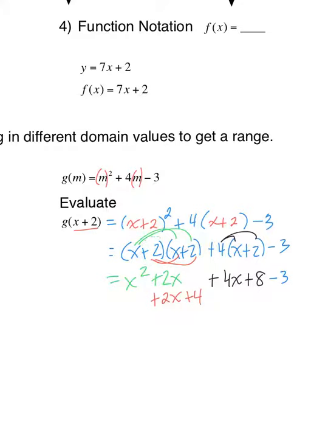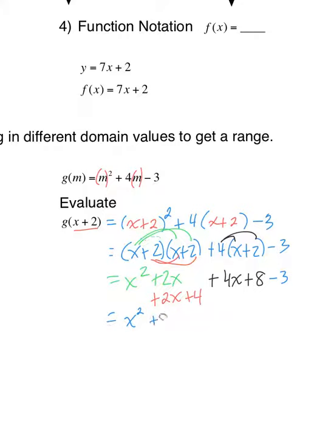And so now I need to start to collect like terms. I like to start with my highest degree and then go lower. So I have an x squared, nothing else is an x squared. So I've got x squared. Then for my x terms, I've got 2x, and 2x is 4x, plus 4x is 8x.